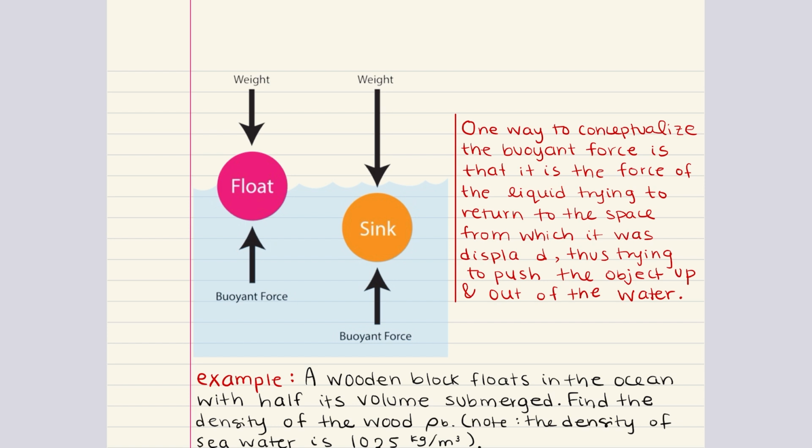A gold crown, for example, would sink in water because gold is much denser than water, meaning the crown would need to displace a volume of water far greater than its own to stay afloat, which isn't possible given its size.